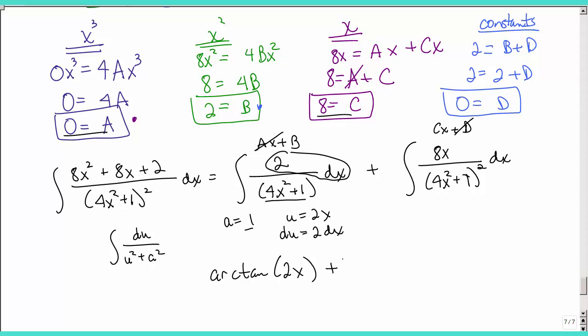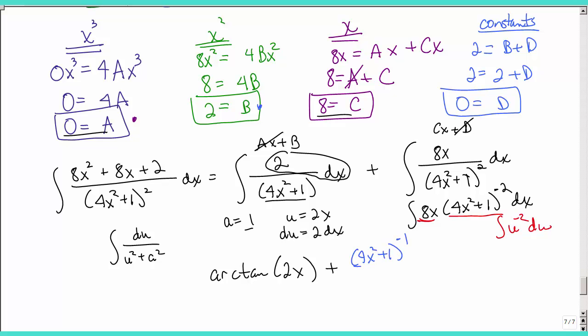What about this next problem? Well, if I rewrite this as 8x times 4x squared plus 1 to the negative 2, and I let this be u, then du is 8x. So this is really in the form of a power rule. Okay, so my u would be 4x squared plus 1.